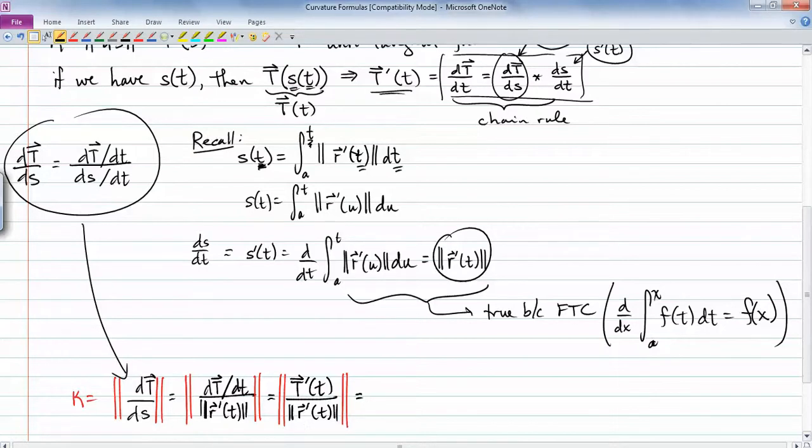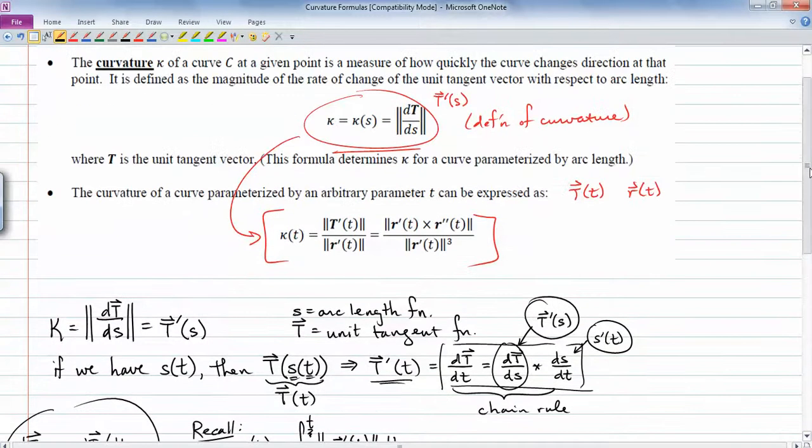So I don't really need the red bars to go over the whole thing. I can just turn this into the magnitude of r prime of t, and then the top would be T prime of t. And so now we've proven this part right there. Okay?